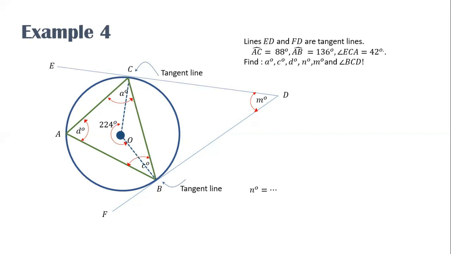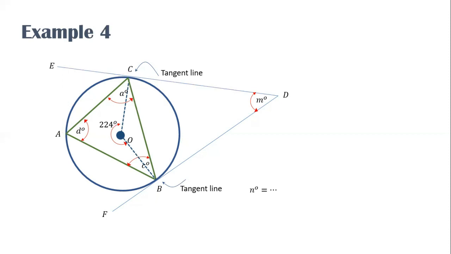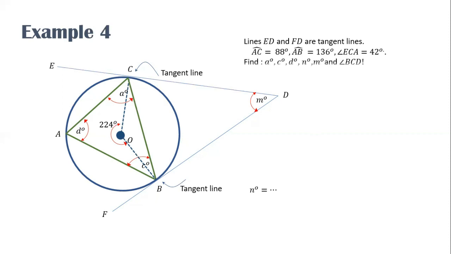Okay, let's start answering this question, everyone. We call this one arc AC, 88 degrees. As I mentioned before, the arc angle equals the angle at the center.